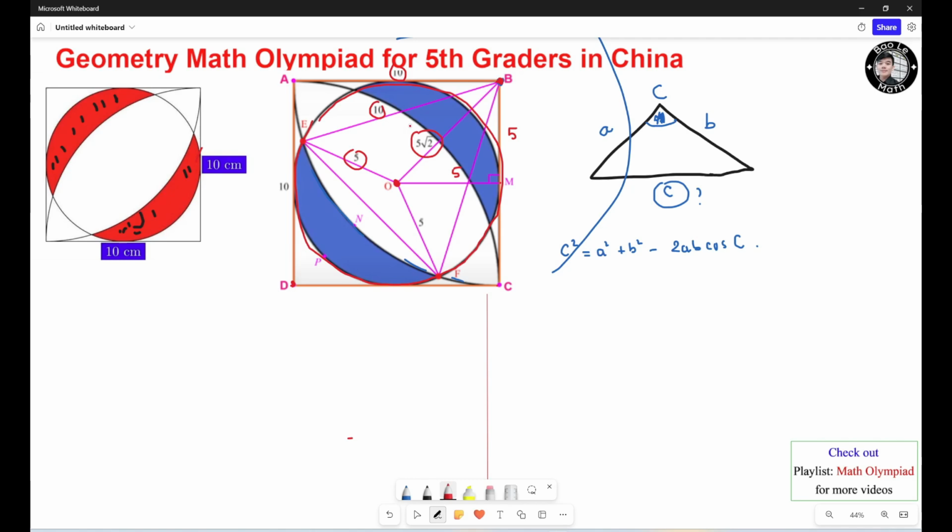So we apply the law of cosine. We need to calculate the angle EBO. I know the angle B is opposite to this side length right here, so we have 5 squared equals 10 squared plus (5 root 2) squared minus 2 times 10 times 5 root 2 times cosine of angle EBO.